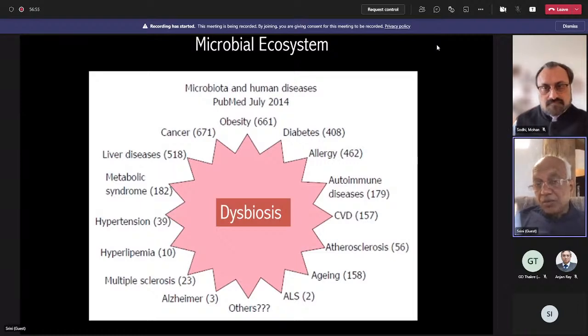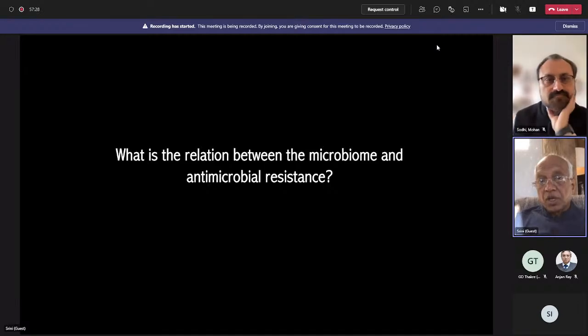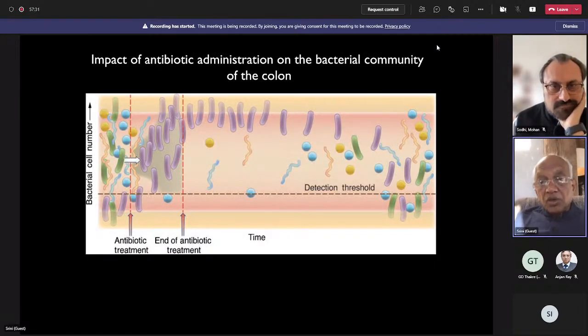This is data from 2014, I should renew this slide, but a disturbance in your microbial ecosystem, I repeat, a disturbance in your microbial ecosystem, either because of your habits or because of overuse of antibiotics, can cause diabetes, allergy, autoimmune diseases, cardiovascular diseases, many other diseases. And this is not just a correlation, there is strong evidence in favor of this dysbiosis.